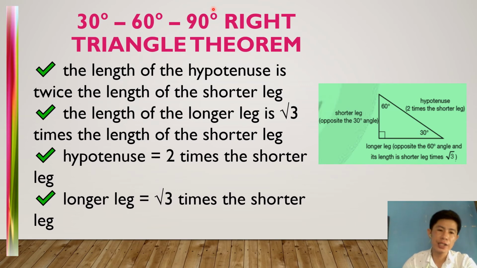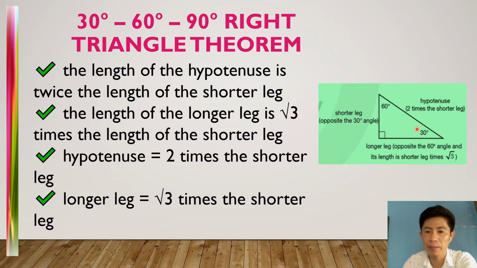Next natin is the 30 degrees, 60 degrees, 90 degrees right triangle. So this is the figure. The side opposite the 90 degrees angle is always called the hypotenuse. So laging hypotenuse yan. The side opposite the 30 degrees angle, ang tawag naman dyan ay shorter leg.